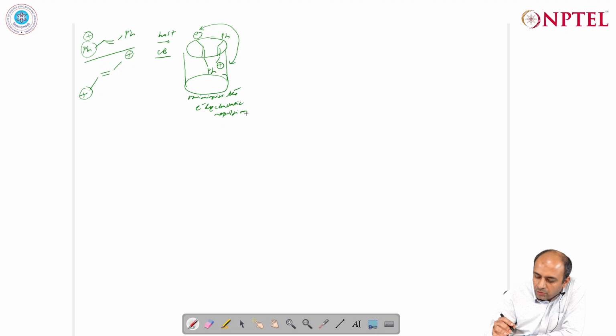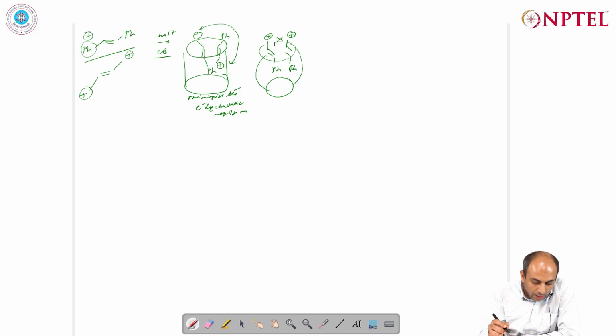We can minimize this electrostatic repulsion, because if they come together in a way that the positive charges are close, then this is not a favorable orientation. So we can have dimerization in such a way that this is a head and this is a tail, so it leads to a head to tail dimer.